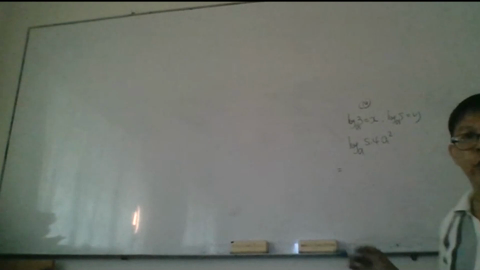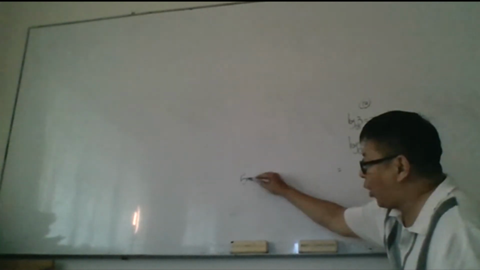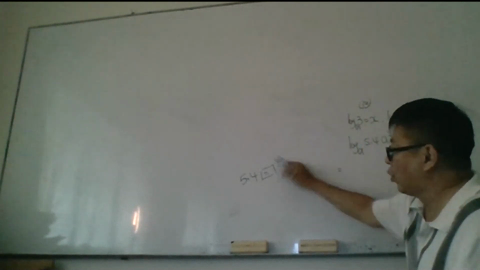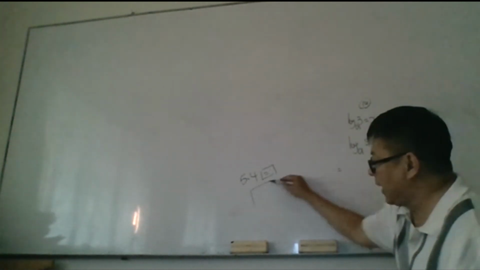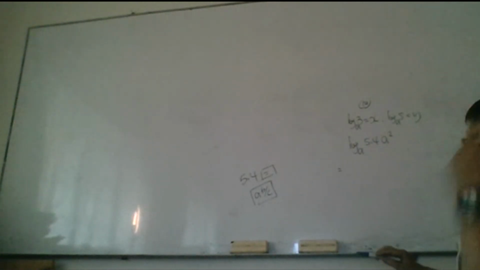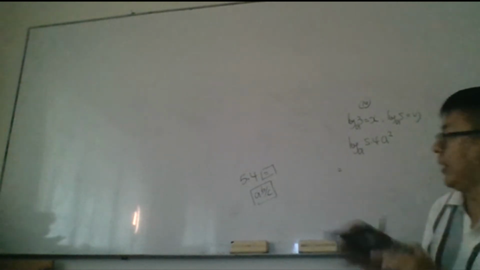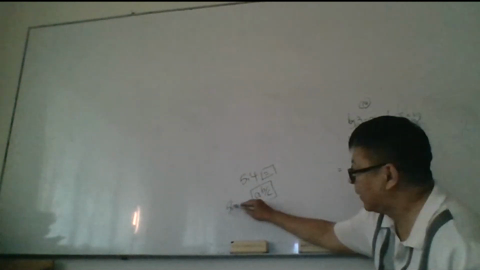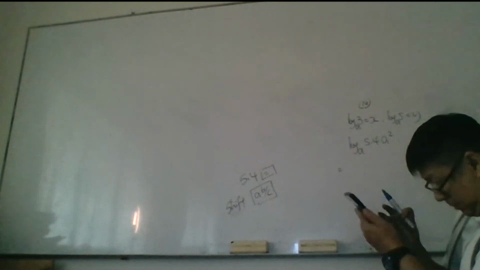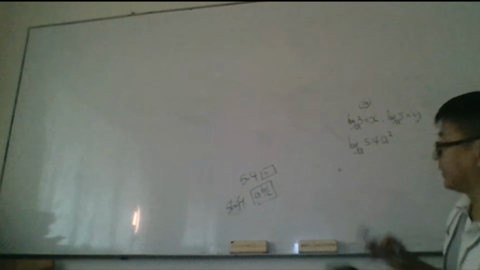5.4. I tell you, you can use your calculator. Very simple. Type 5.4, then press equal. After that, go to this pattern, the fraction a b/c. For an improper fraction, you can press shift, a b/c.